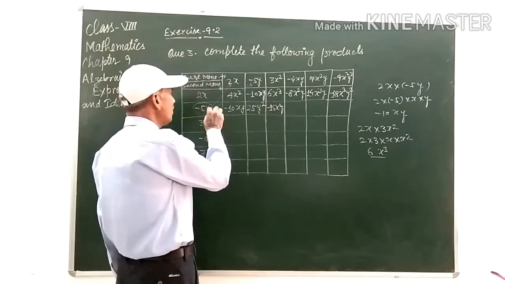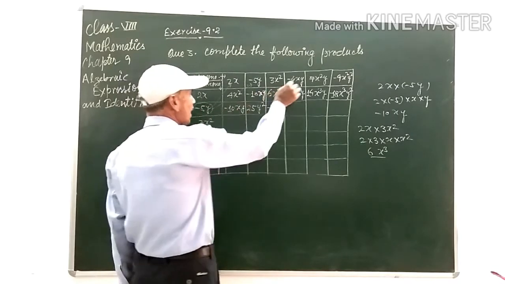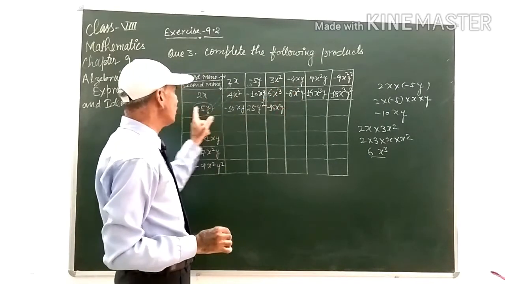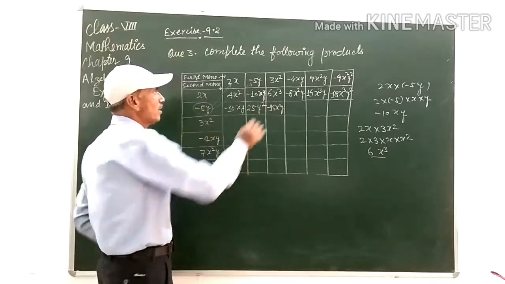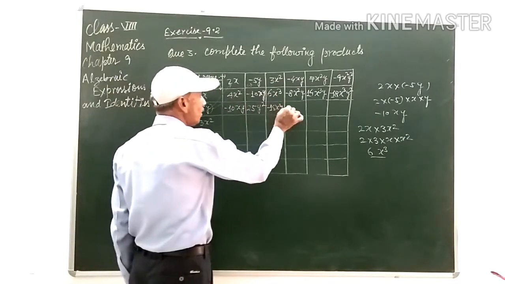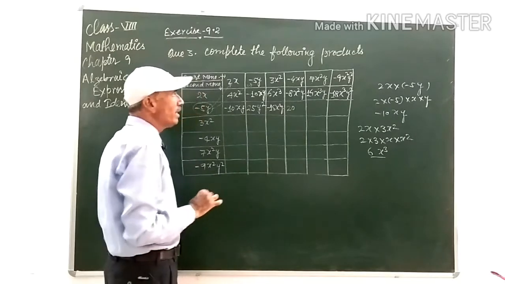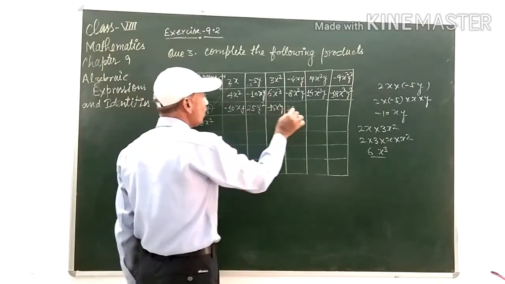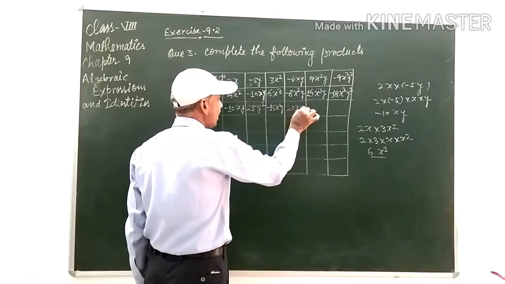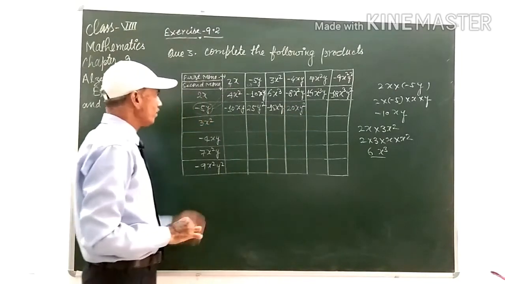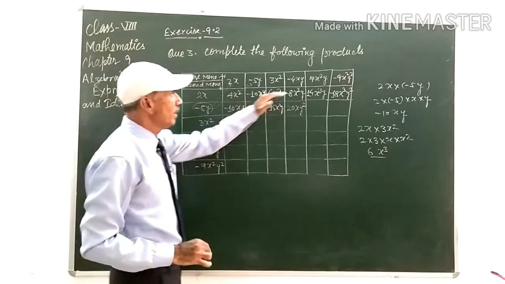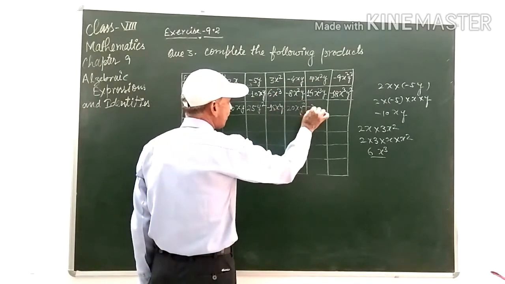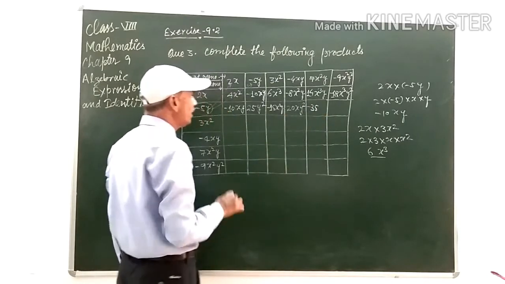Okay, students? Now you have to multiply this minus 5y with minus 4xy, minus into minus, it will make plus, 4 5s are 20. Okay, students? And this one x and y into y square, xy square, minus 5 into 7, that is minus 35. Okay, students?